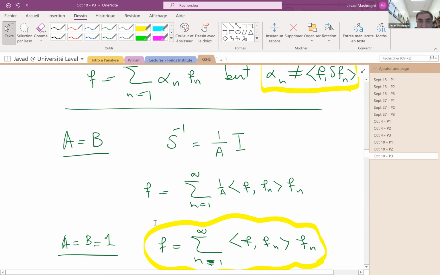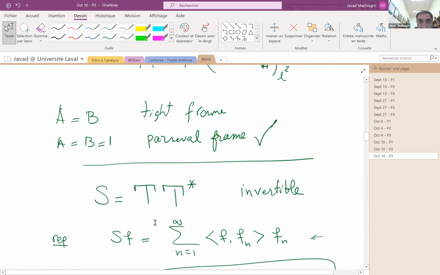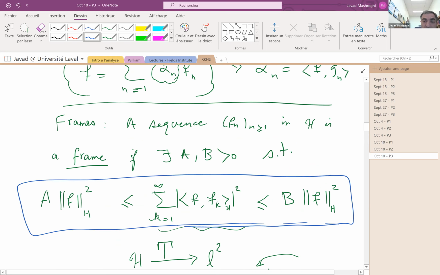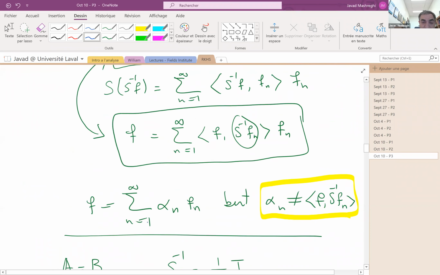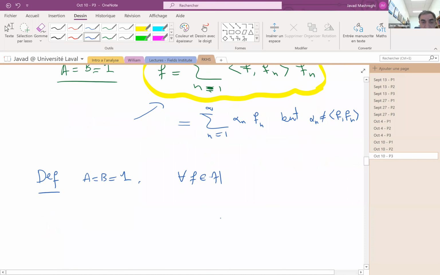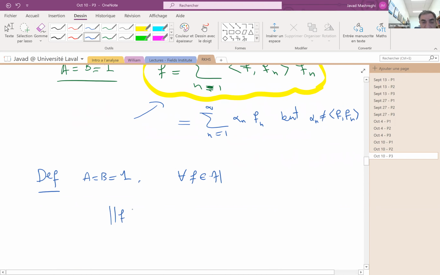And look what happens in the original definition if A is equal to B. Here is the original definition. If A is equal to B equal to 1, the definition becomes, so I repeat the definition here: for any F in the space H, the norm of F squared is equal to the sum of the squared absolute values of the inner product of F with Fn.